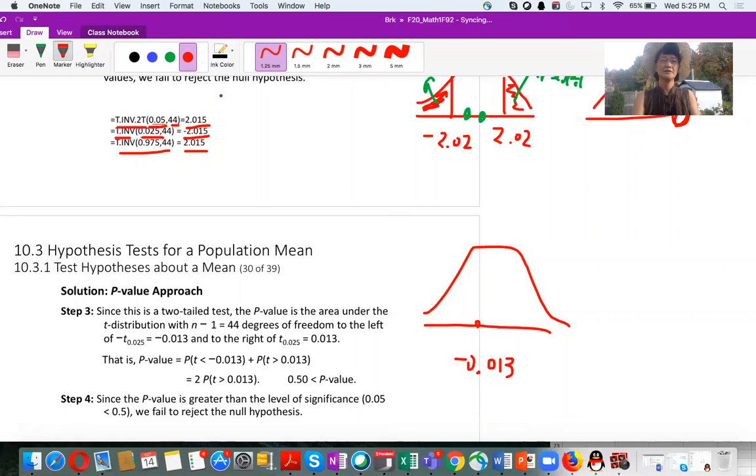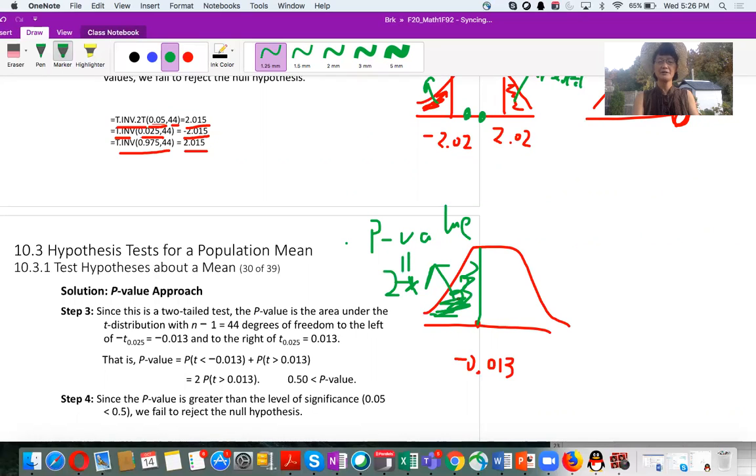So this part is the p-value. Because it is a two-tail test, you have to multiply by 2. 2 multiplied by this area equals the p-value.